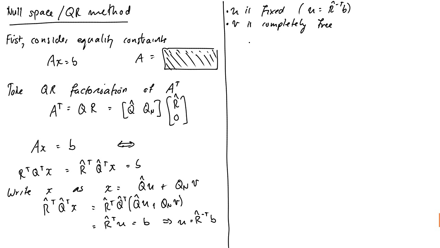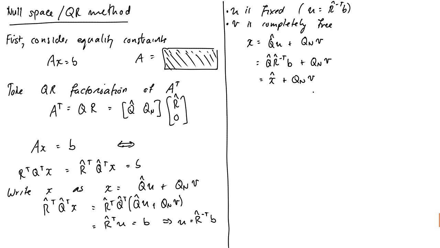Okay, so let's just write down what x is now equal to. So x equals Q hat u plus Qn v, which equals Q hat R hat inverse transpose b plus Qn v. And just for convenience, because I don't want to keep writing this down, is equal to x hat plus Qn v, where x hat is fixed.